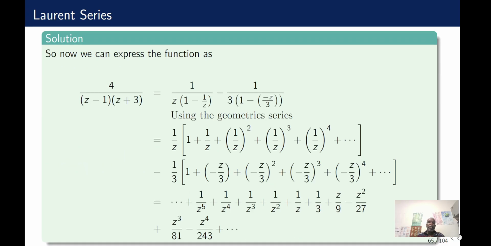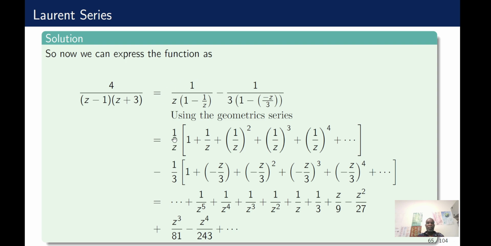So let us go back to our function. In the first one, we're going to factor out z, so that we have 1 over z. In the second one, we're going to factor out 3, so that we have z over 3. So the geometric series is going to be this. In the first one, the 1 over z is outside.